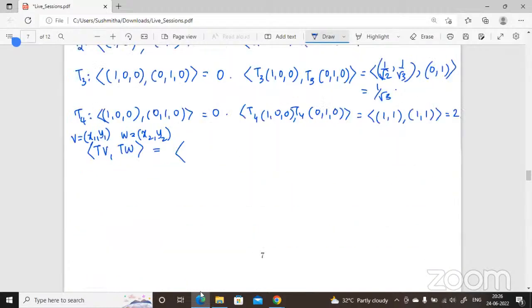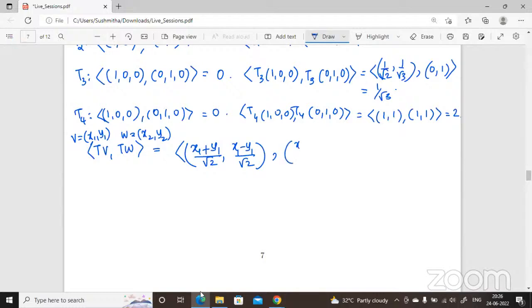So this is going to be (x plus y)/root 2, that is, the first coordinate of V plus the second coordinate of V by root 2, comma (x1 minus y1)/root 2.